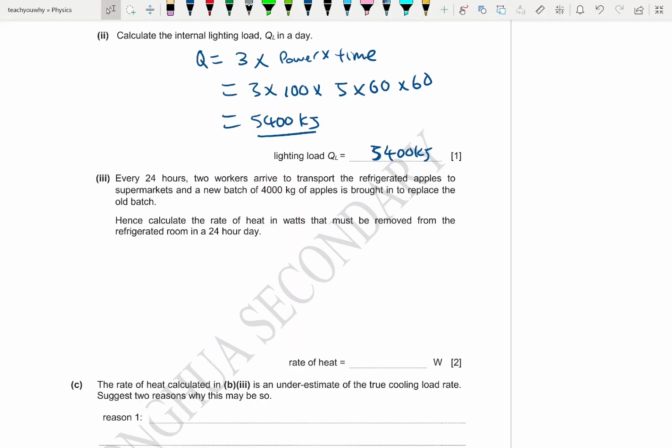So the room has 2 parts. You have the Q of the apple, that means the heat we need to remove from the apples, plus the Q from the lamp.